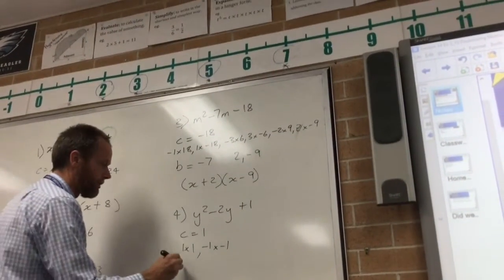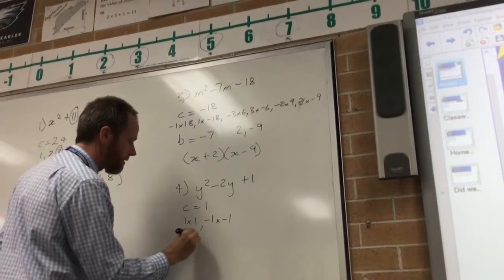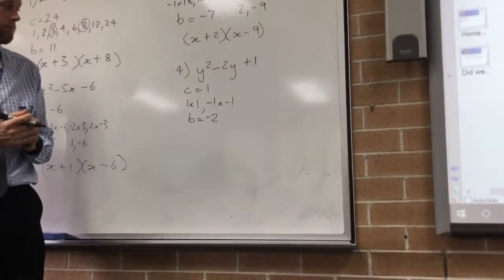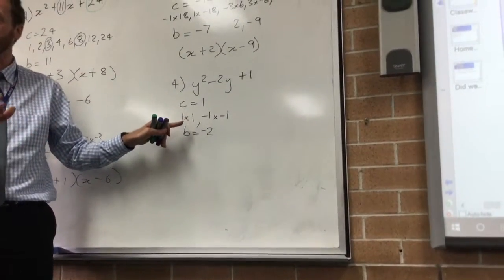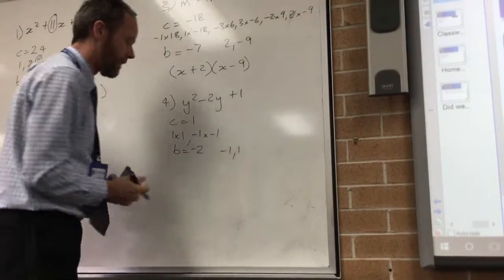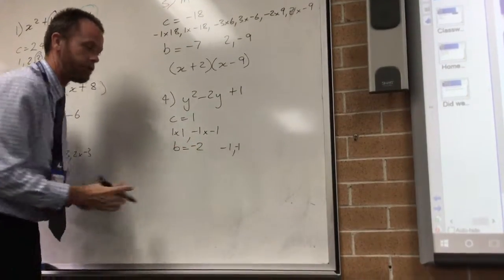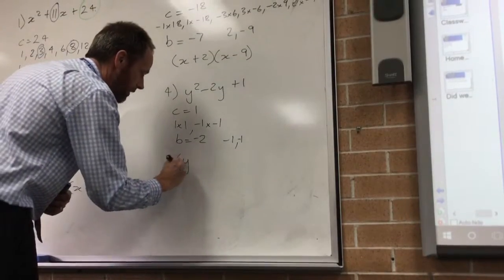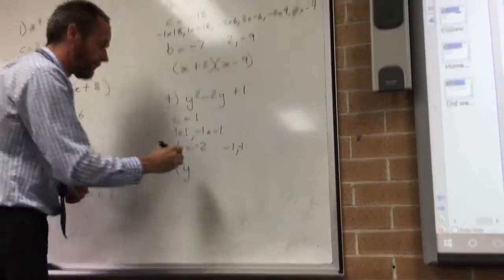In this case, my b is equal to minus 2. 1 plus 1 cannot equal minus 2, but minus 1 plus minus 1 must equal minus 2. So when I write that in my binomial, this time it's a y, be careful with that.